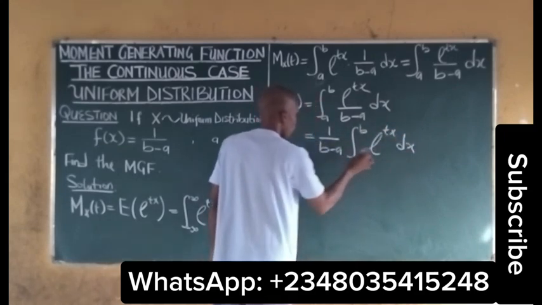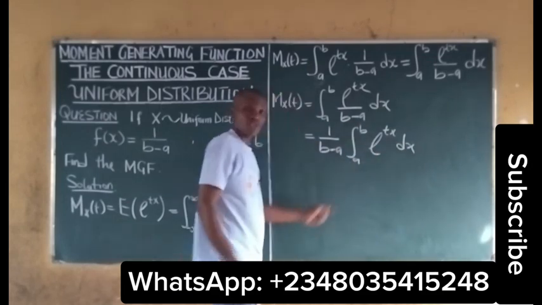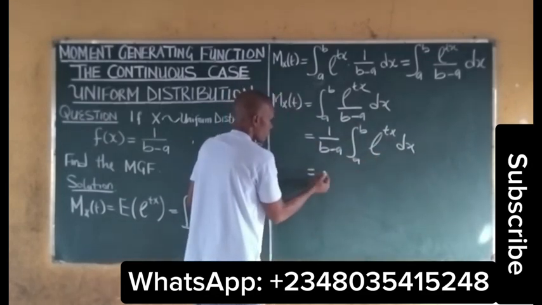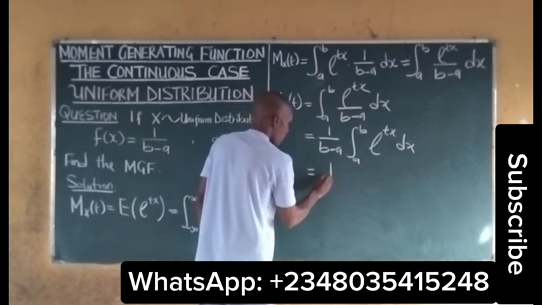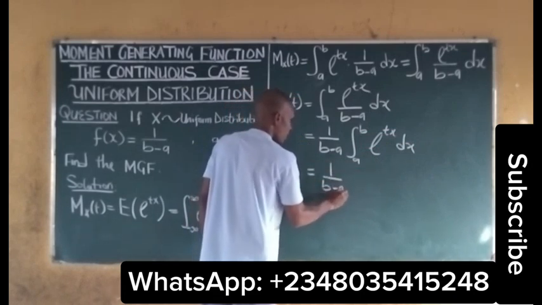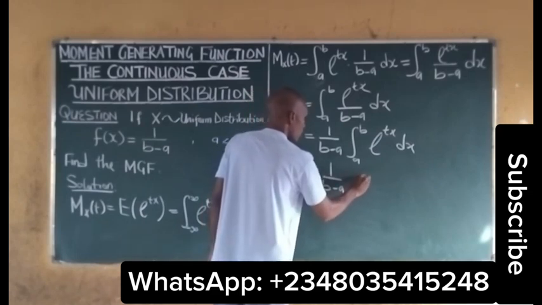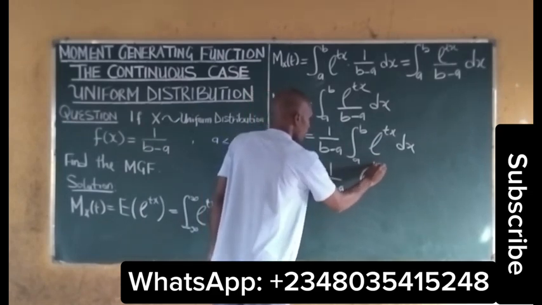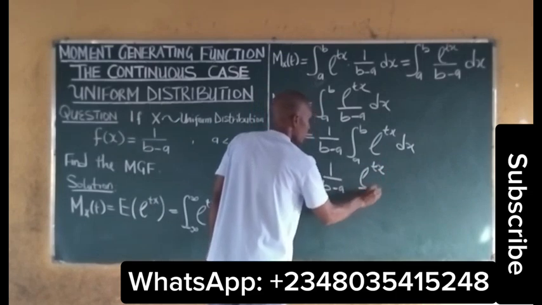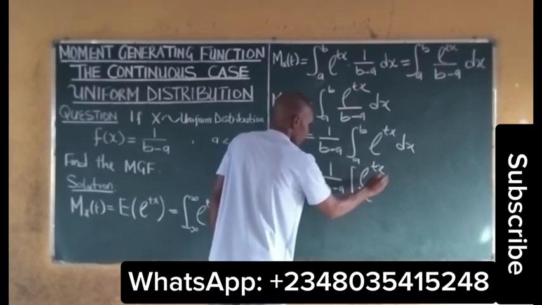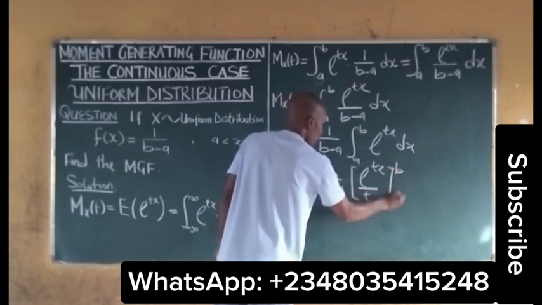So we'll differentiate this function. If we differentiate this function, we'll get 1 all over b minus a times exponential tx all over t, between b and a.